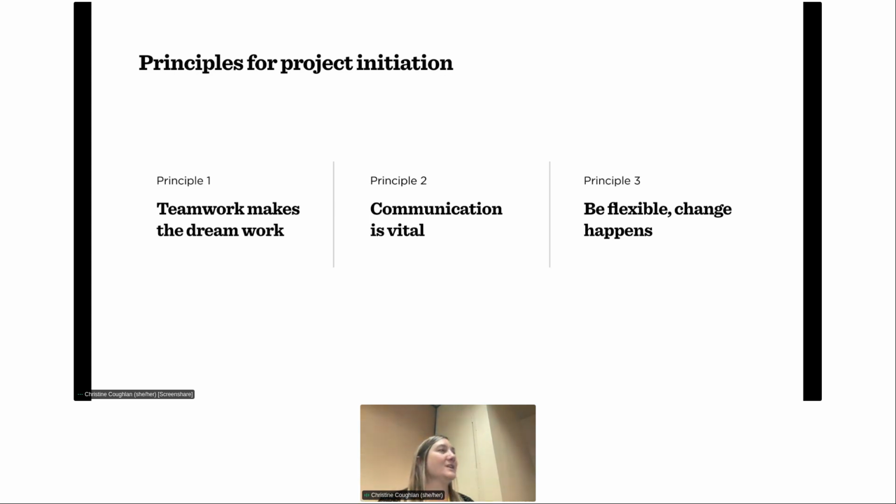So with everything that we do, we want to make sure that we are remaining flexible in this process. And that really goes from that project initiation phase through the whole project. We also understand that people work differently. So we want to make sure that we're hearing each other out and adapting when needed.